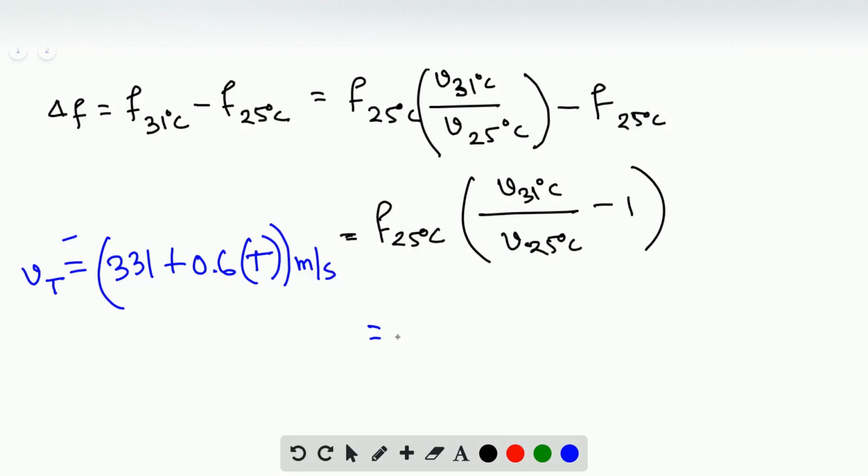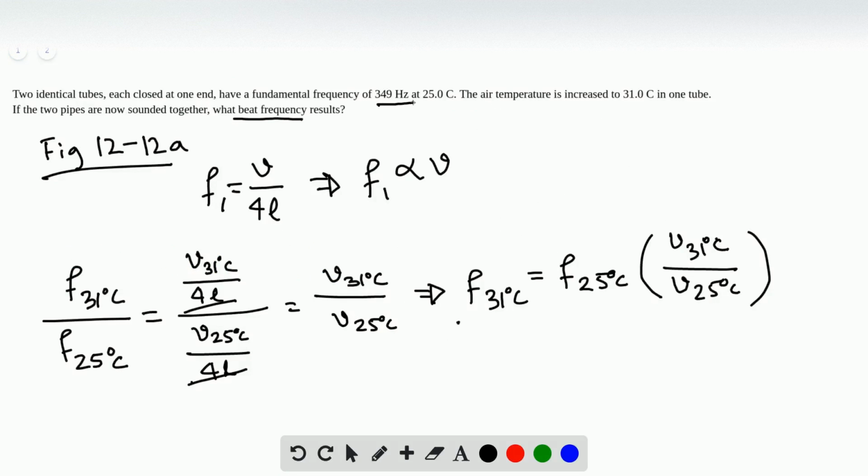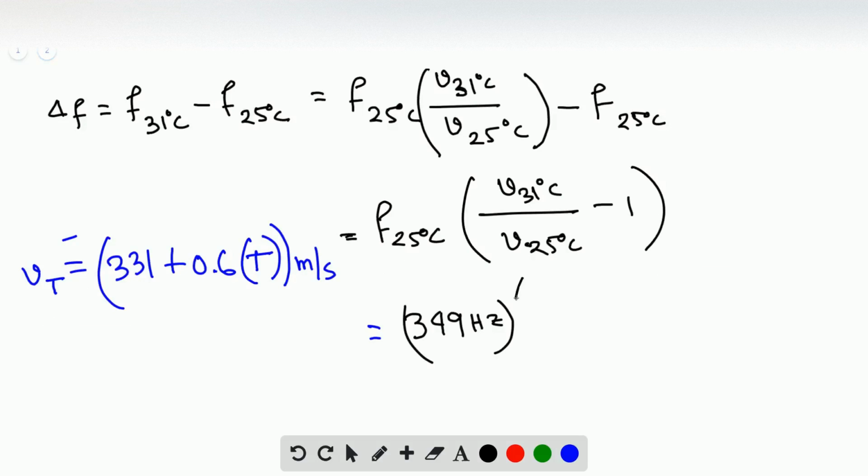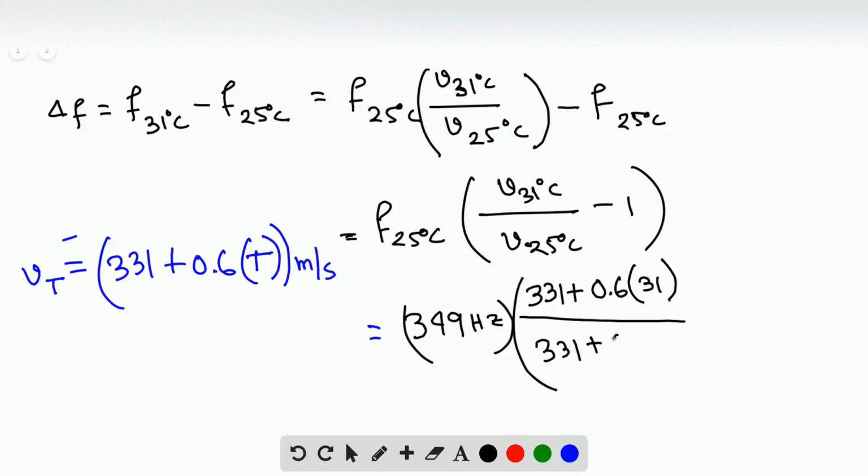So we'll have 349 hertz. That's the frequency at 25 degrees Celsius. Then we can write this expression, and that will give us 331 plus 0.6 times 31, divided by 331 plus 0.6 times 25, minus 1.